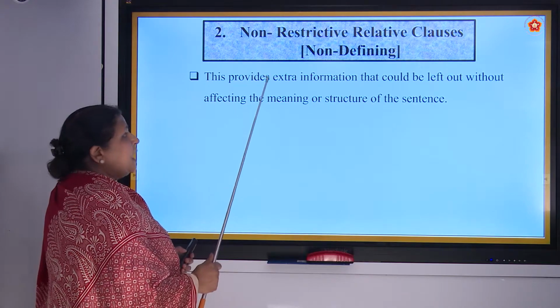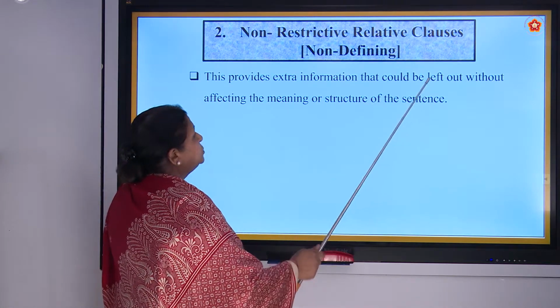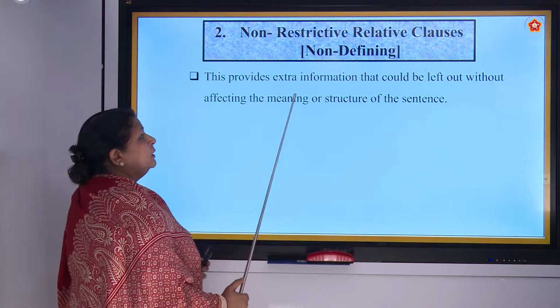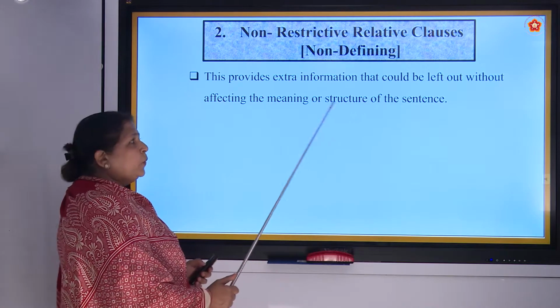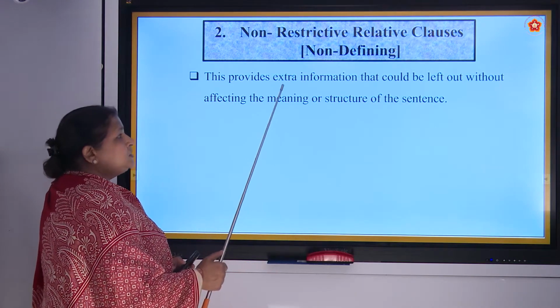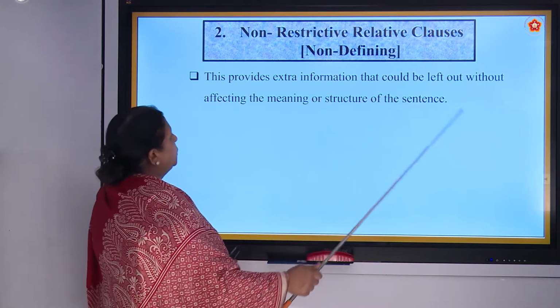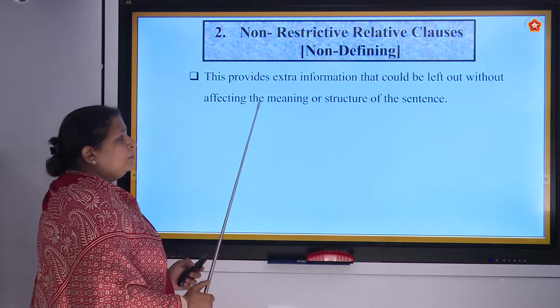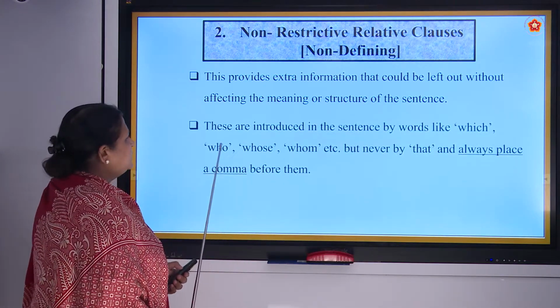This provides extra information that could be left out without affecting the meaning or structure of the sentence. Very easy to understand.